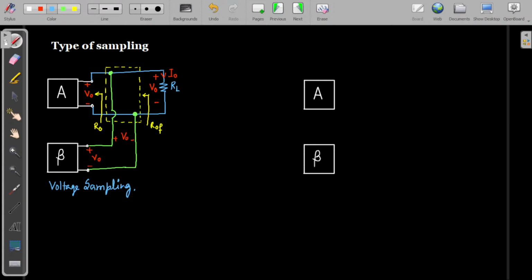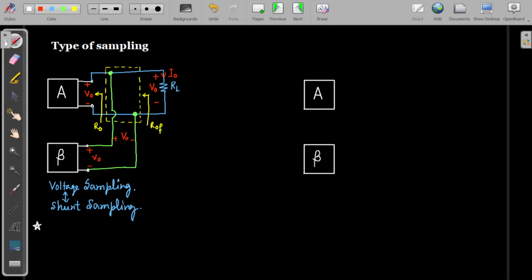And voltage sampling is done by shunt connection. You can see there is a shunt connection. So that's why it is also called the shunt sampling. Similarly, यहाँ पे क्या हो रहा है कि selection of the voltage. What is happening here?